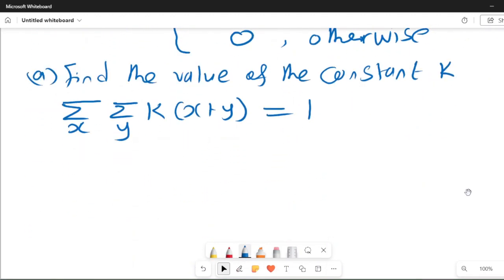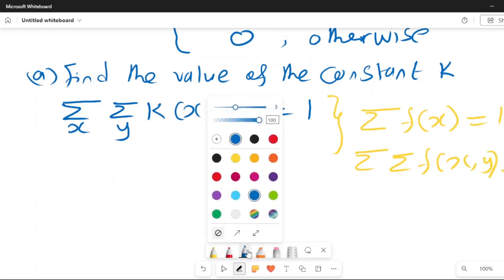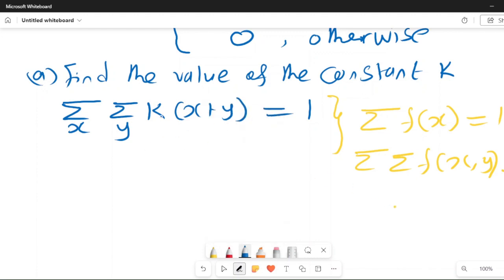The condition for any probability density function is that if you sum the f, it should be 1. If it's a joint, meaning you have two random variables, if you sum that, it should give you a value of 1. So based on that information, we now want to move ahead and solve this problem.